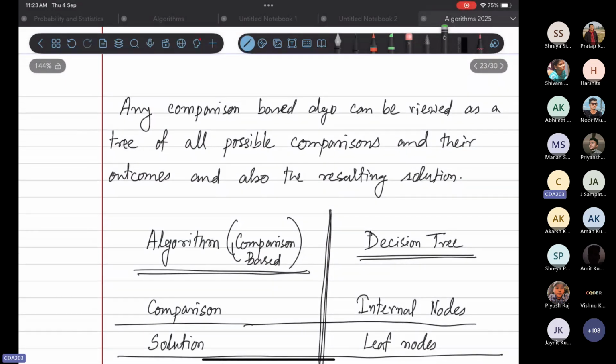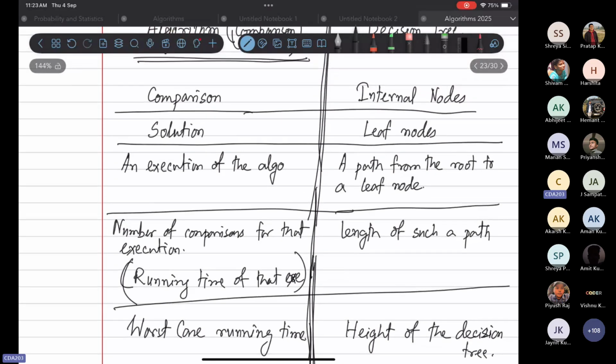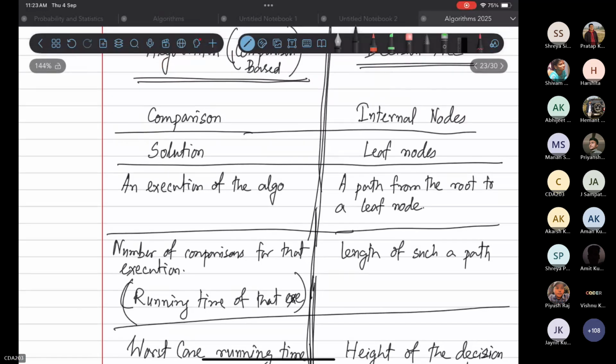In terms of the algorithm, I am asking. That is basically the worst case running time. Right? This is the worst case running time.